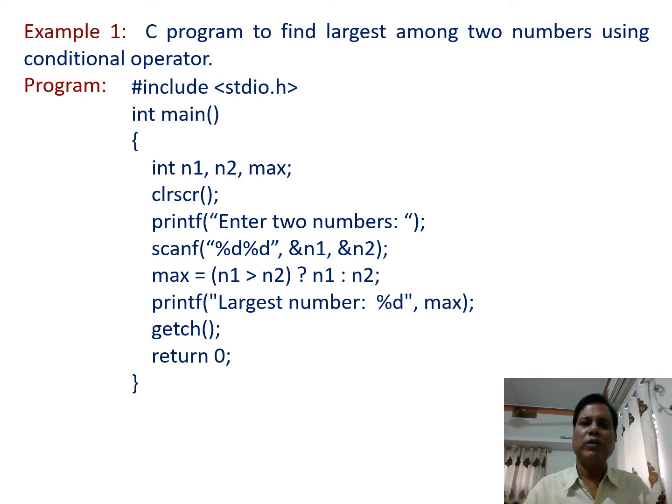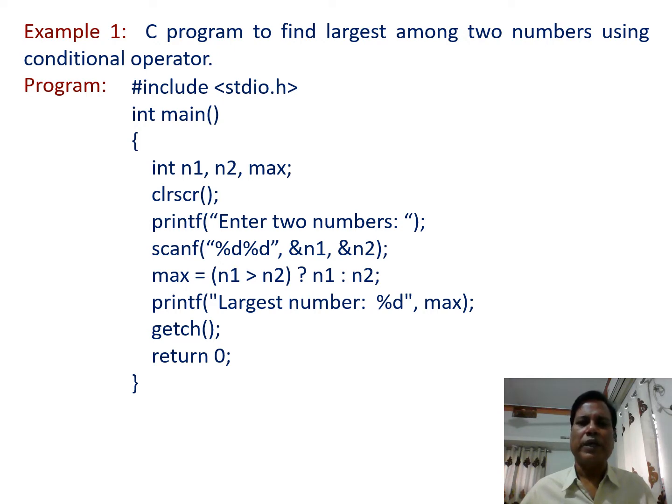As usual, first we include the standard input output header file stdio.h using the #include preprocessor directive. Then within the open and close braces of the main function, the first statement declares three integer variables n1, n2 and max.